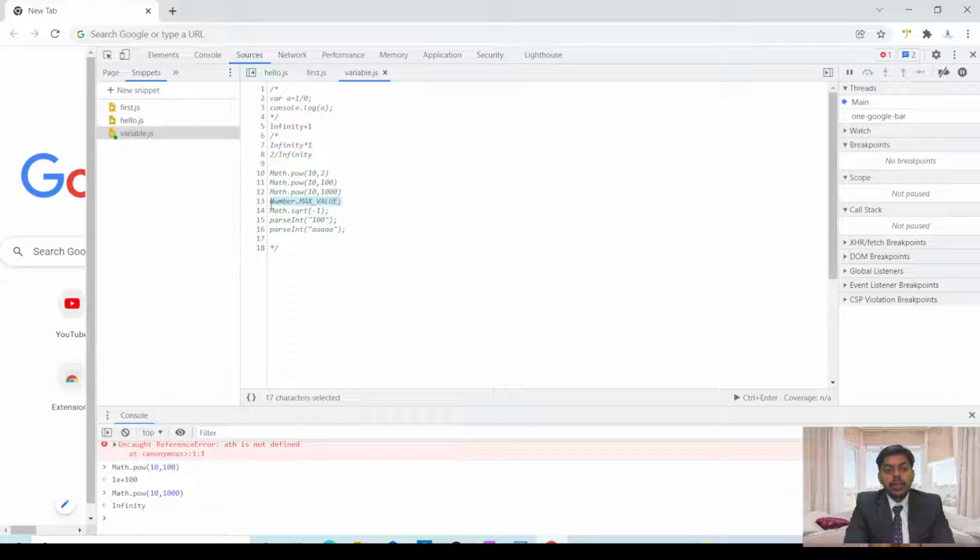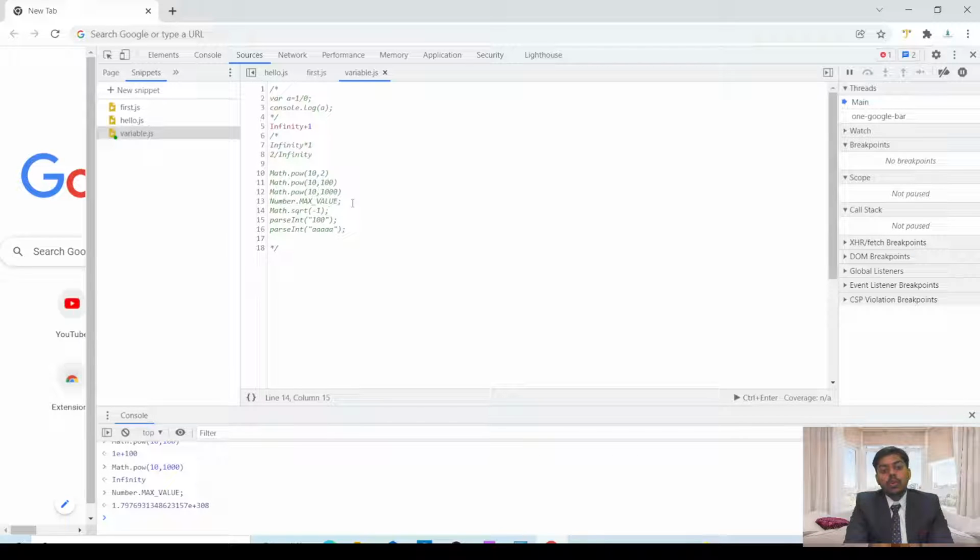If you want to know the value up to which any variable can store, you can use Number.MAX_VALUE. The maximum value that can be stored is 1.79 into e raised to the power 308. After that it will start giving the Infinity value.